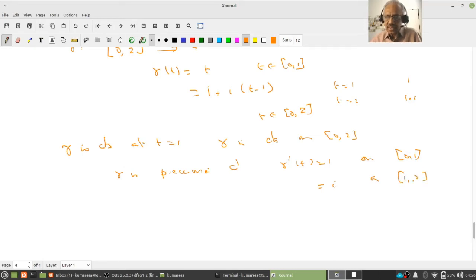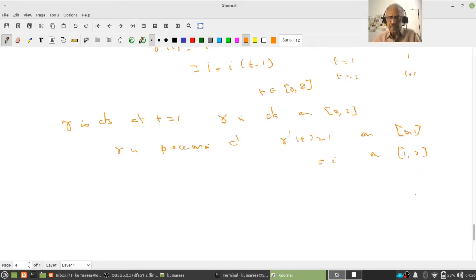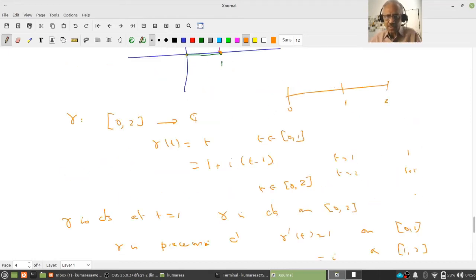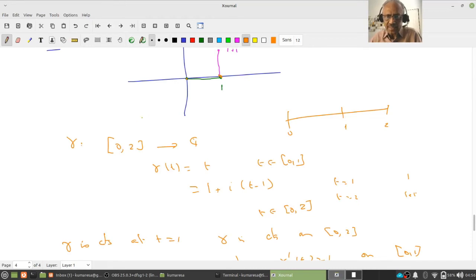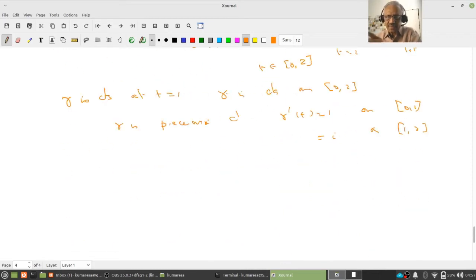Now you can see that gamma prime, if you think of it as a complex tangent vector, is going to be 1 here, as you can expect. This is the direction here, whereas when I'm going here it should be in the i direction. Yes, we captured it. That's what we meant by the tangents at the common endpoints may differ, but the function is continuous. So one more example, that should be enough.